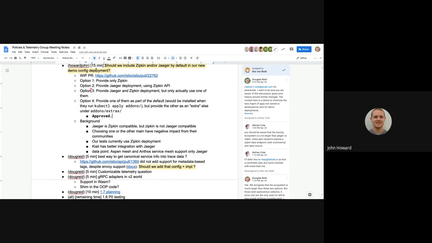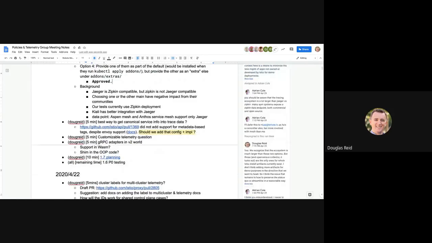I believe there's a deployment called Istio Tracing, a service called Tracing, and then a service called Zipkin. Okay, then I would be in favor of changing the deployment to reflect the implementation name. Okay, sounds good. And then we'll keep the service as Tracing, I think, because that's used and documented. Okay, sounds good. Thanks, John.